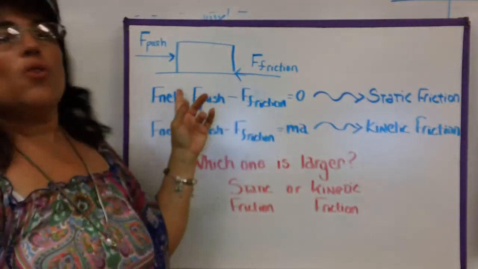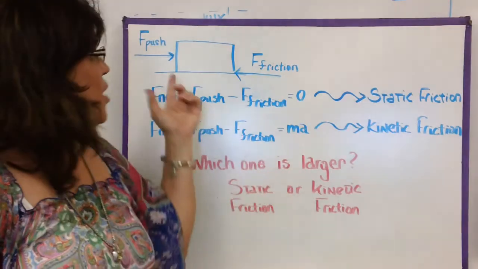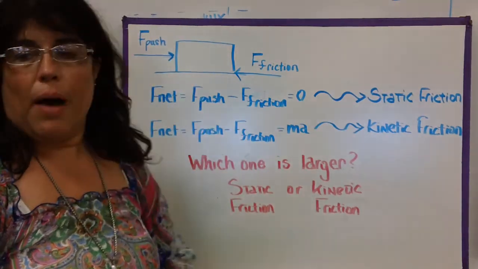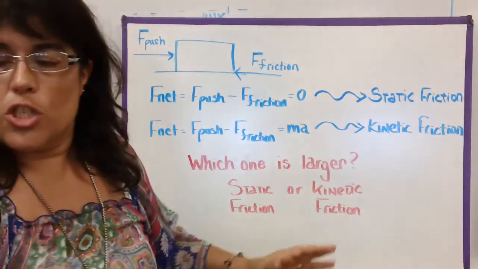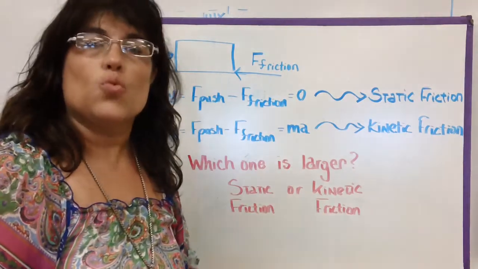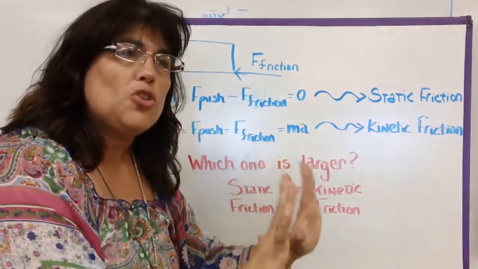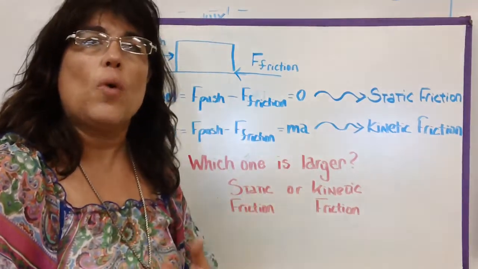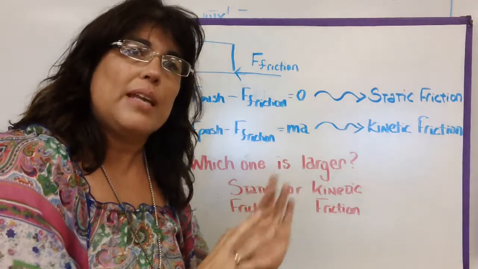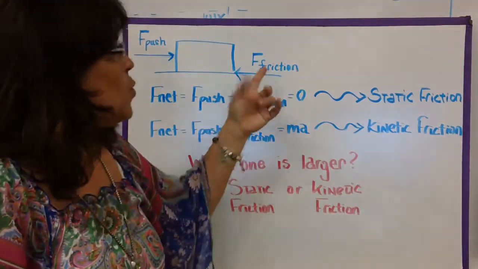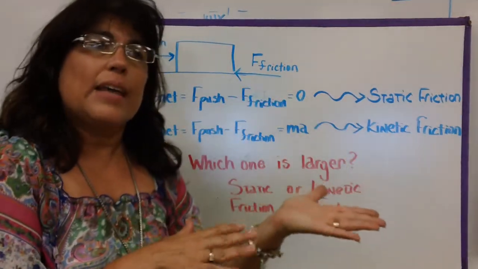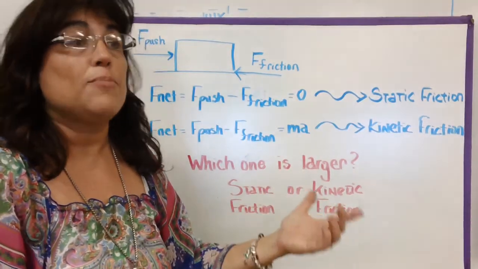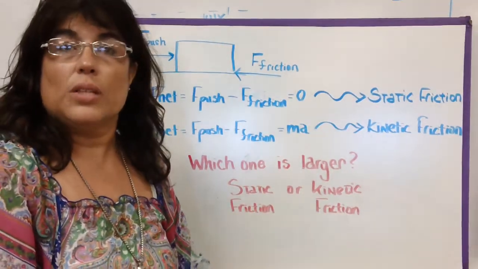Okay, so if I were to draw a free body diagram of an object, in this case it's a box, and I'm going to be pushing on the box. We're going to assume that this box is really, really heavy, and I'm going to be pushing and pushing, but it's not moving. That box right now is so heavy that I can't seem to get it moving. And the force of friction is still acting on it. That's what's preventing it from moving, because we talked about last chapter that every force has an equal and opposite force.